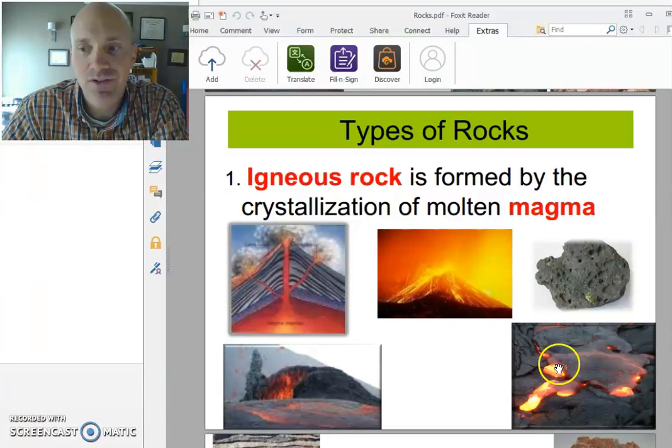If you've ever seen a volcano erupting, you know that it generates this liquid, essentially melted rock material. Magma is just lava that is beneath the Earth's surface. When it comes to the surface and flows out, we call it lava. But it's essentially the same thing.